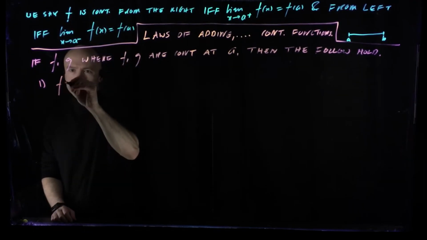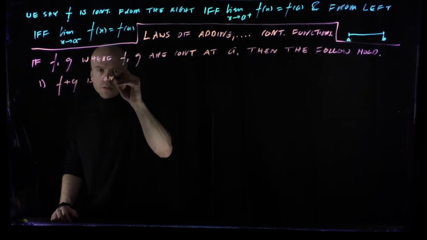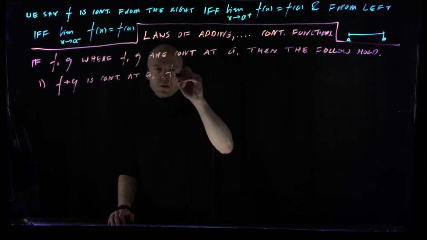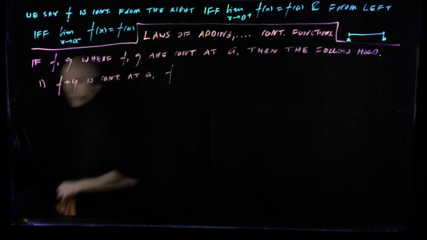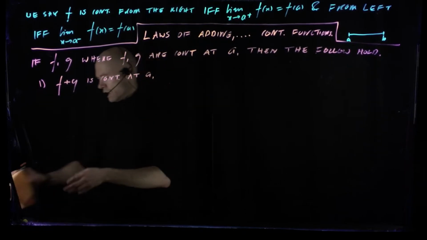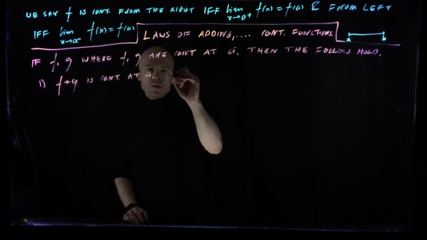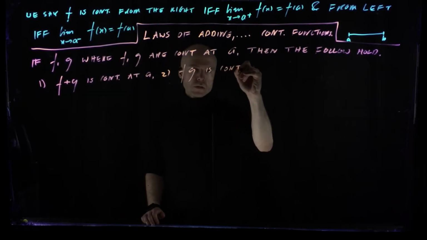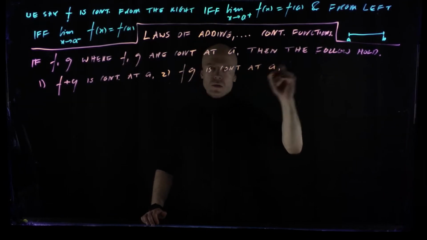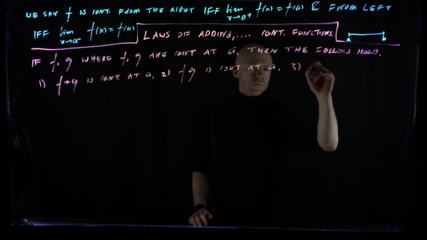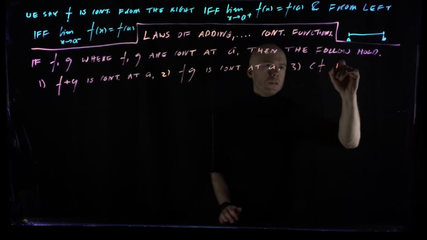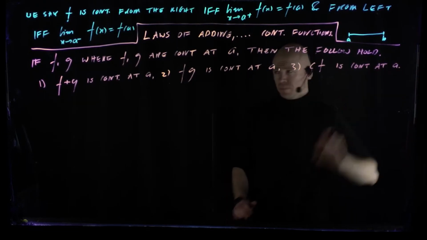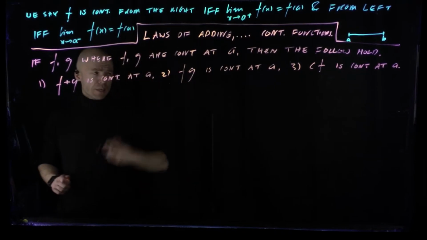So f plus g is continuous at a, f times g is continuous at a, and c times f is continuous at a. Okay, so there's another law, but before we go into it, let's talk about why we know this is true.